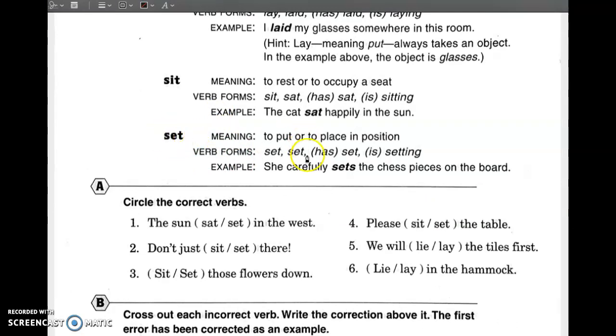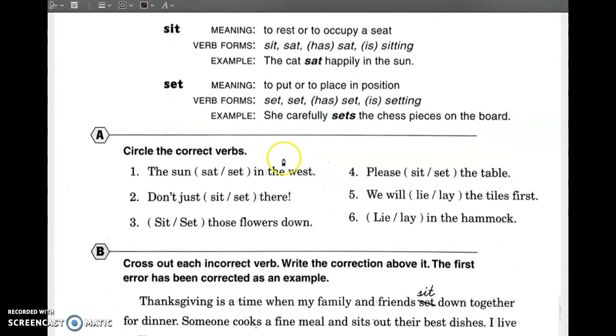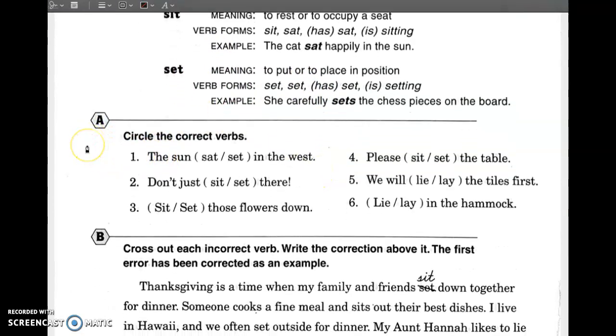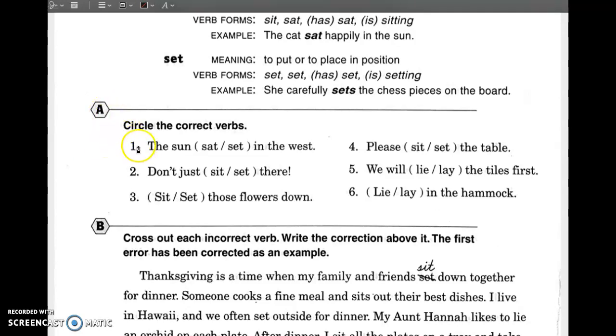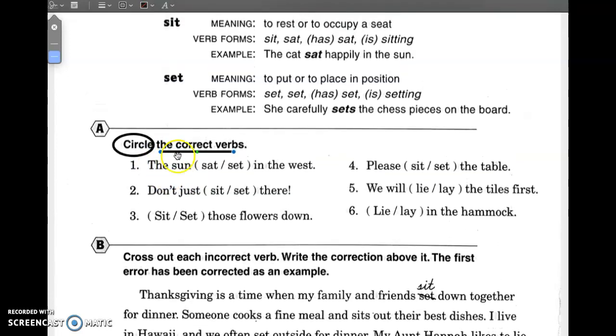So that example works for most things until we get to our part A, number 1. Let's take a look. The directions say to circle the correct verbs. Number 1 says the sun sat or set in the west. The sun is the subject, but the sun isn't putting anything else. It's not placing an object somewhere.